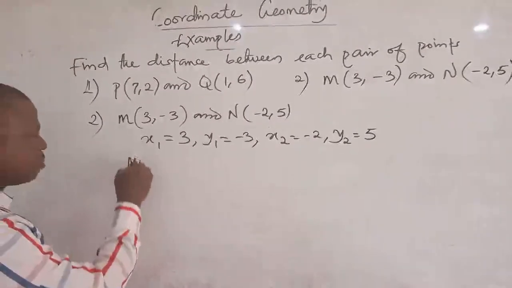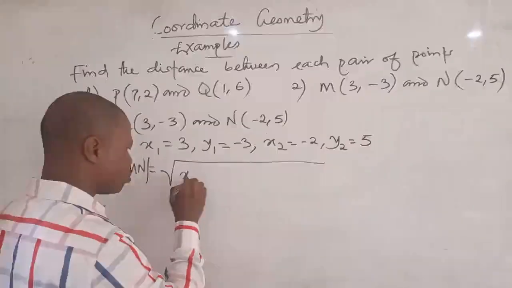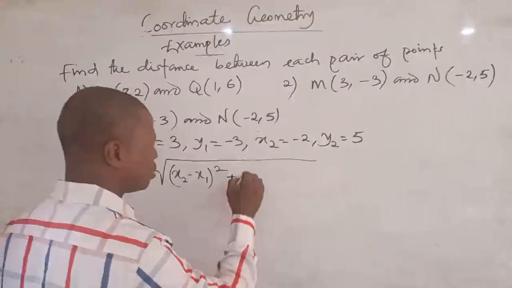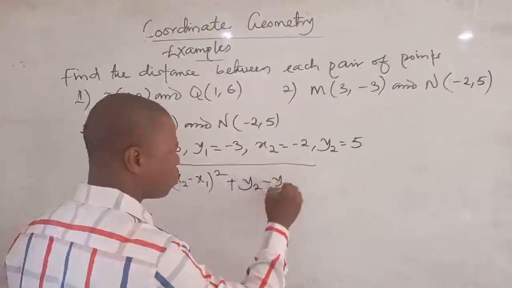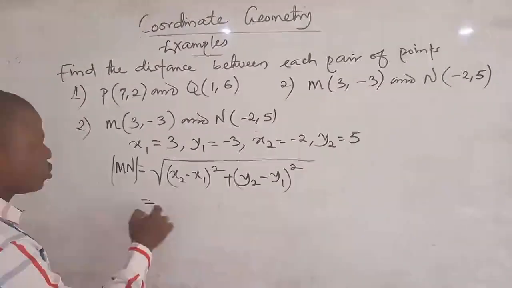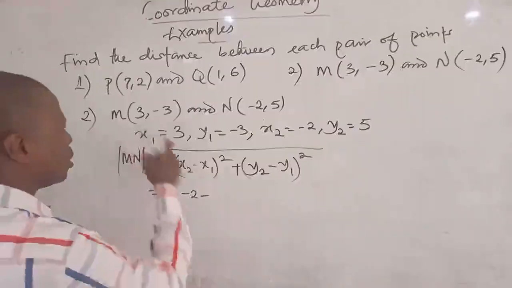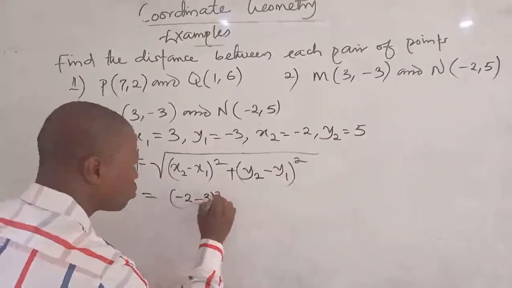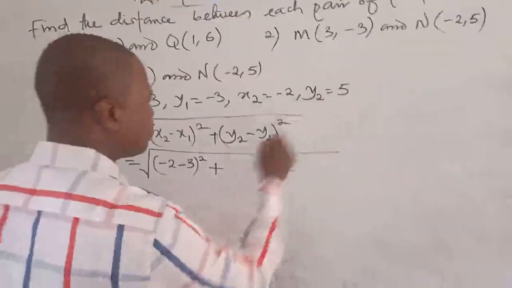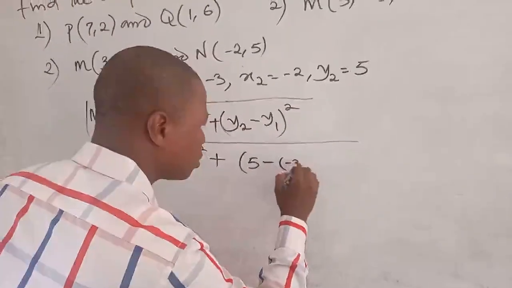So distance MN is square root of x2 minus x1 all squared plus y2 minus y1 all squared. So our x2 is what? Minus 2. Our x1, 3, all squared, square root here. Then y2 is what? 5. And our y1 is minus 3.